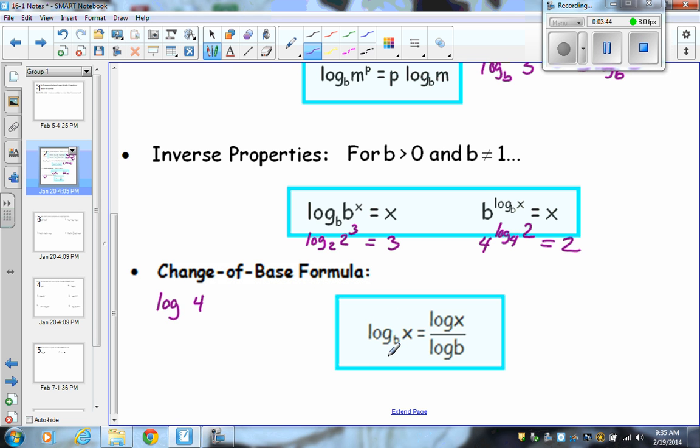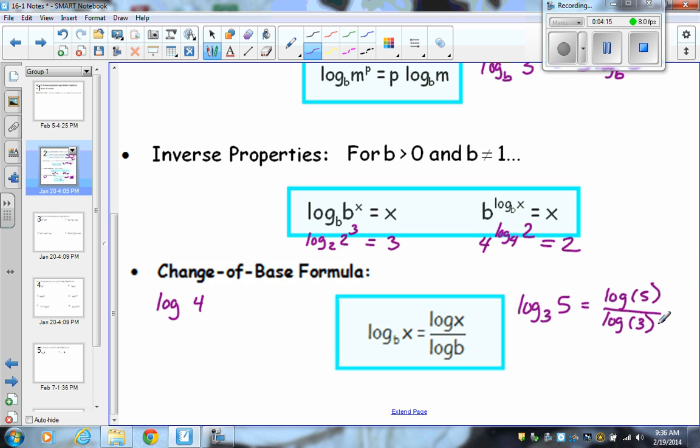However, if our base is something other than 10, then we can use this formula, the log of x over the log of the base, to use our calculators to get an approximated answer. So, for example, if I have the log base 3 of 5, in my calculator I can type the log of 5 divided by the log of 3.